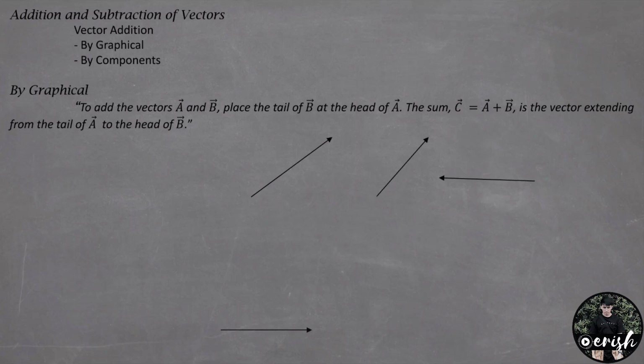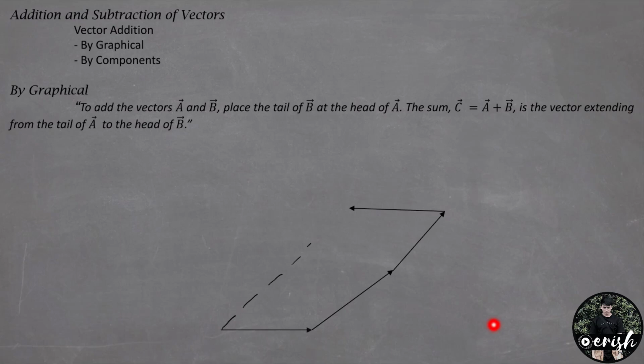And the next yung vector B, idudugtong natin dun sa head ng vector A yung tail ng vector B. And then, ganun din yung vector C. Same with vector D. And then, para malaman natin yung sum ng vector, i-connect natin ito hanggang dito. So, this is the vector sum.